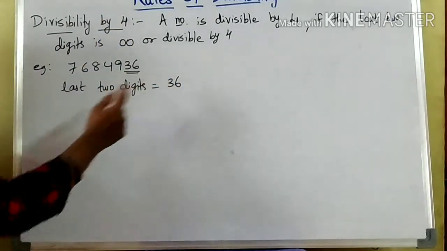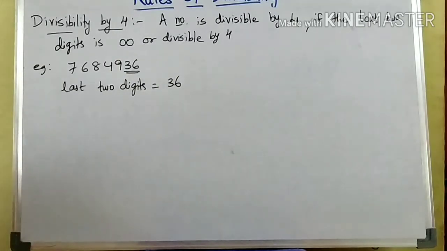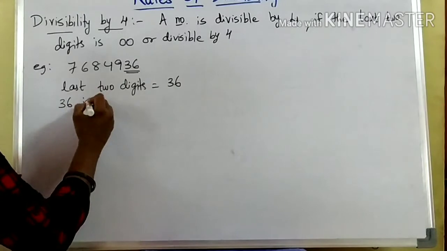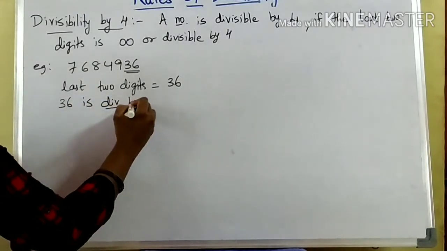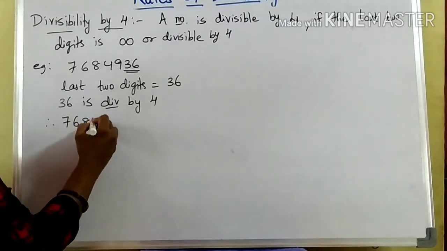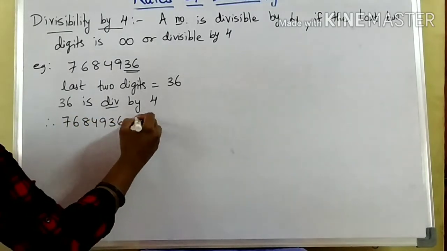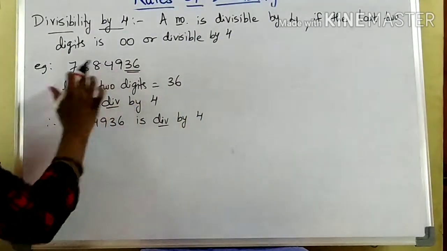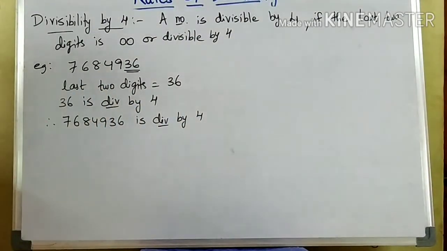So is 36 divisible by 4? Yes, 4 9s are 36. So 36 is divisible by 4, right? Therefore we can say blindly that 7 6 8 4 9 3 6 is divisible by 4. When you divide this number by 4, you get a remainder of 0. You can check, children, right?